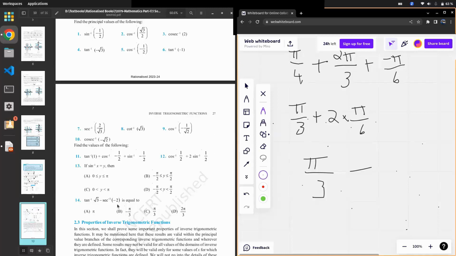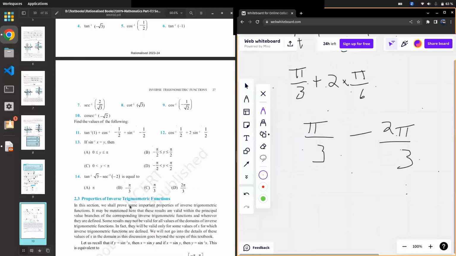We know the value of cos 2 pi by 3 is equal to minus half, so from that we can get secant inverse of minus 2, which will be 2 pi by 3. Our answer will be minus pi by 3, which is again option B. So the first exercise is mostly based on memorization of the values of the most basic angles.